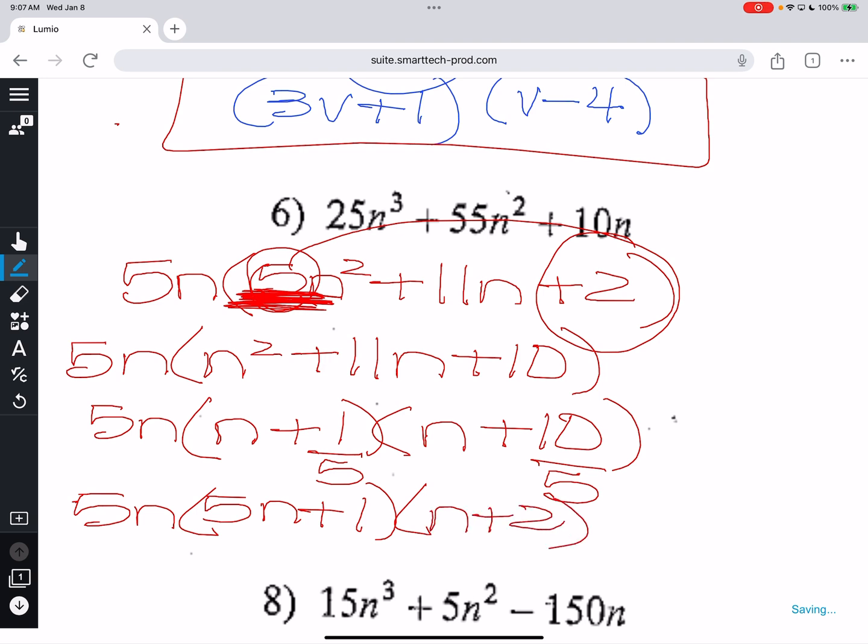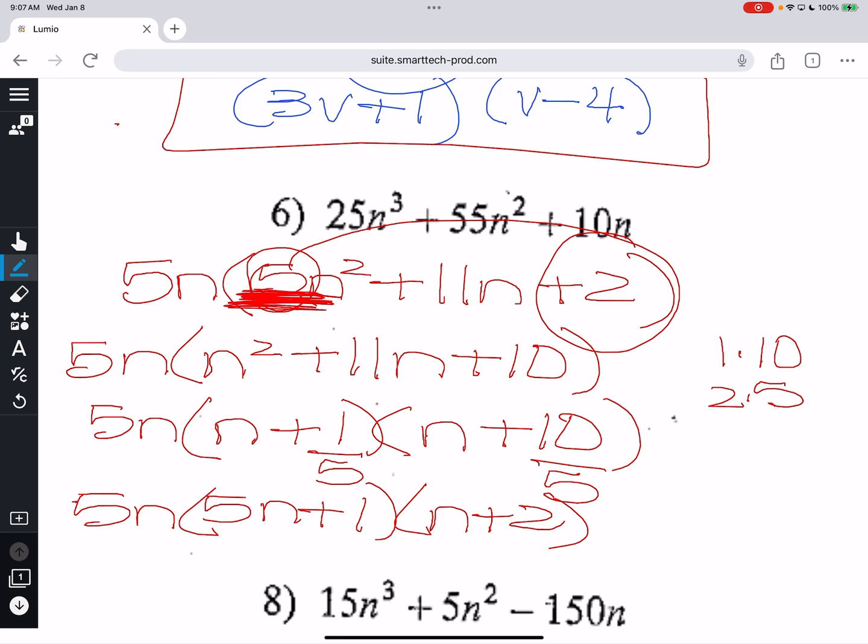So we can move it the other way now. Your 5 is prime, so you only have 5n and n. And then for 10, you would have 1 and 10, 2 and 5. The 10 cannot go in with the 5, nor can the 5.